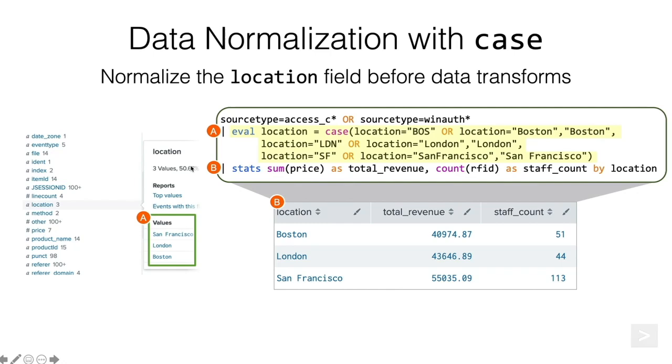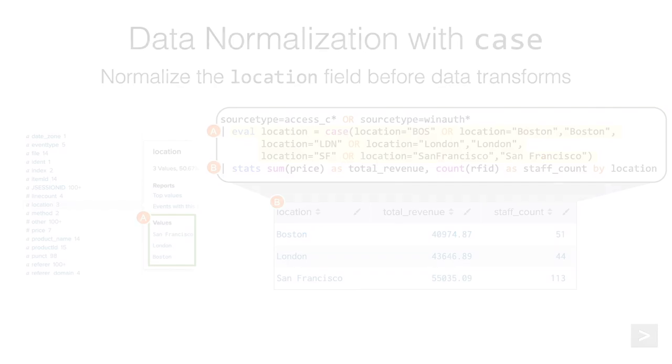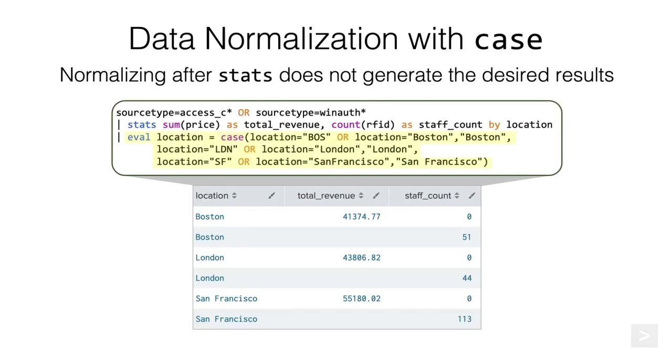Now from here, notice that we are normalizing the location field before transforming the data, whereas in our previous search, we were using the stats command before the eval command.